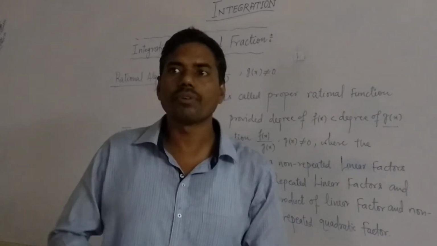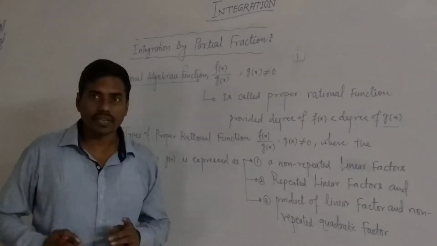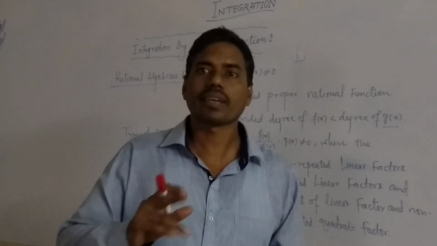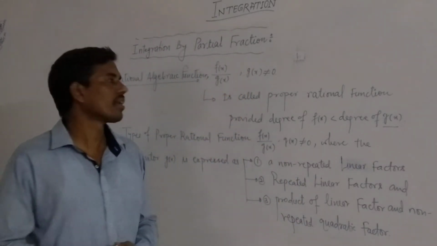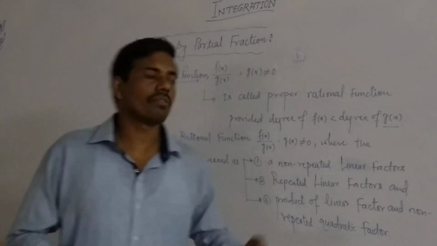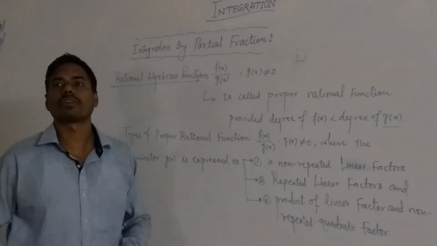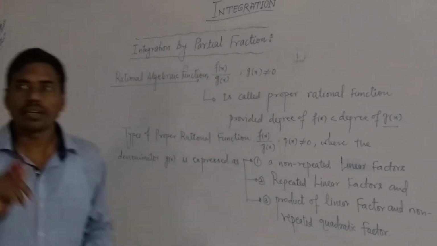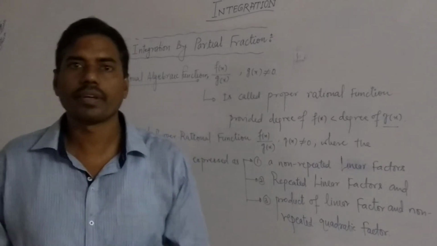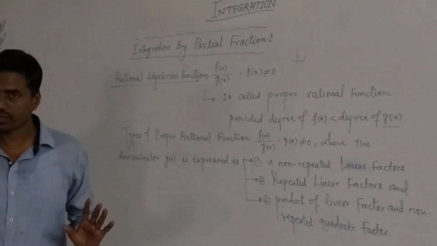If the degree of f of x, the degree of the function in the numerator, is greater than the degree of g of x, the degree of the function in the denominator, then the given rational algebraic function is known as an improper rational function. Clear? Okay, students, read out.